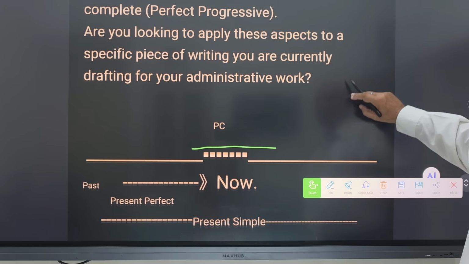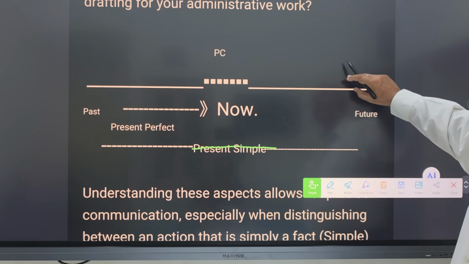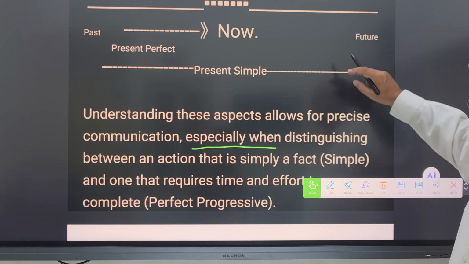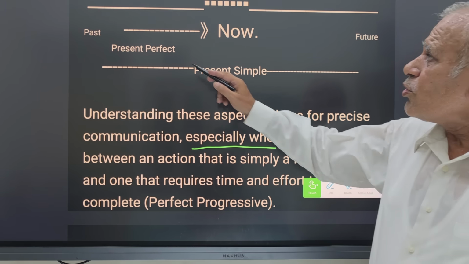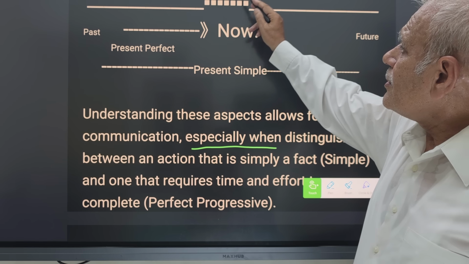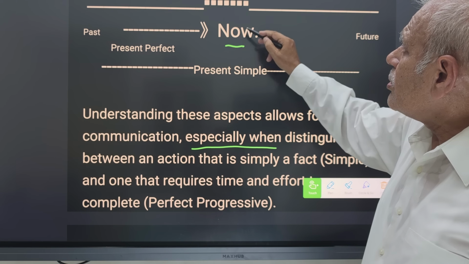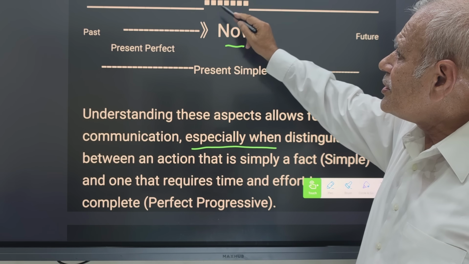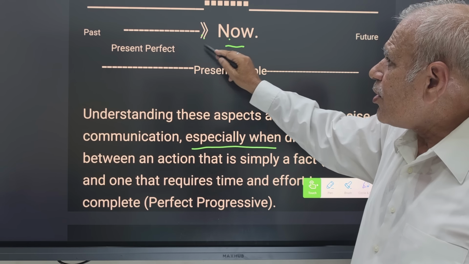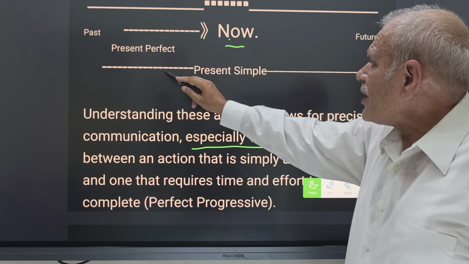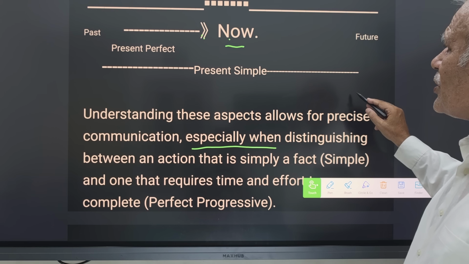So these are the aspects we are talking about. So this is, again on the number line, the summary. So this is now, this is present continuous. If something happens up to this point, with relevance to the now, then this is present perfect. And present simple, you see up to this line.